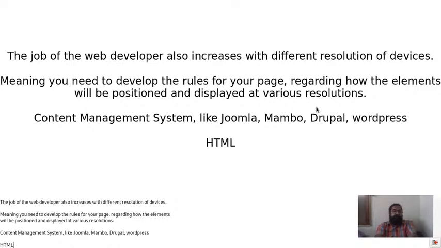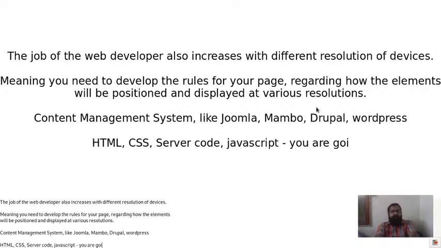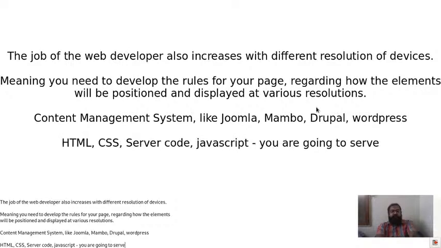You will have to design the HTML, CSS, the code for the CMS itself, that is the server code. You may need some JavaScript, which means that you are going to serve dynamic content.